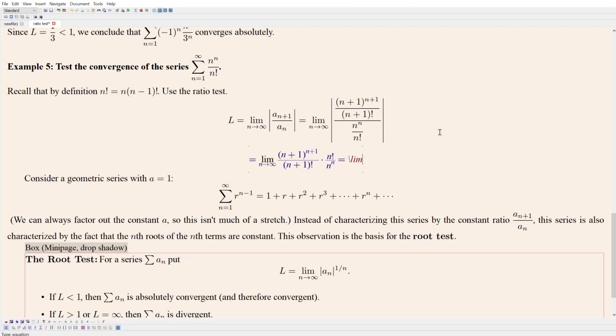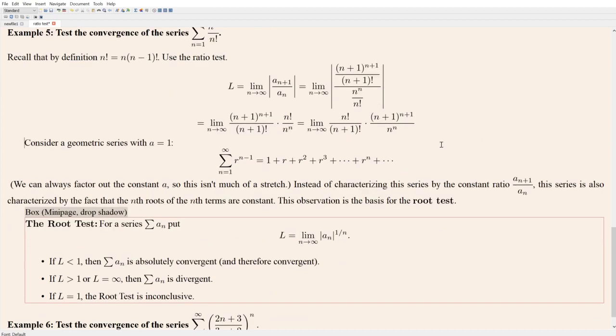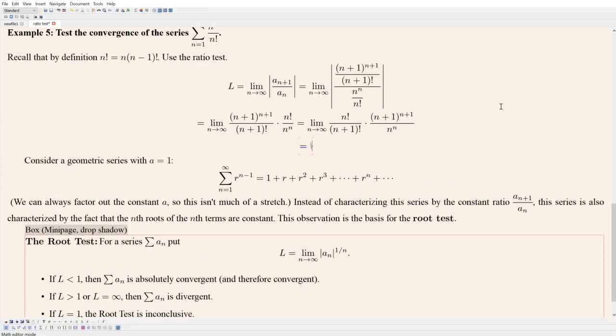Okay, and now, we have these factorial bits, and we have these exponential bits. So let me just group those together so that it's a bit more clear what I'm about to do. So we have the factorial bits, and we have the exponential bits. Okay, so now let's see what sort of cancellation is going to happen.